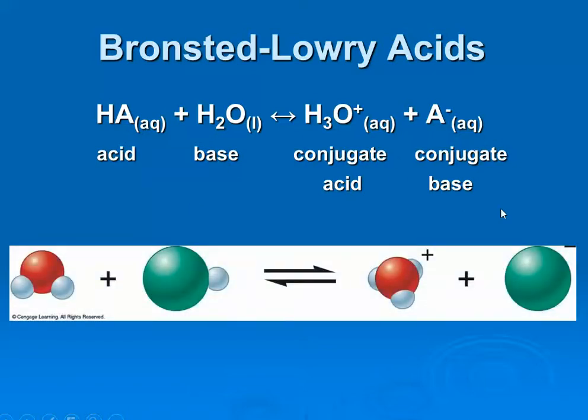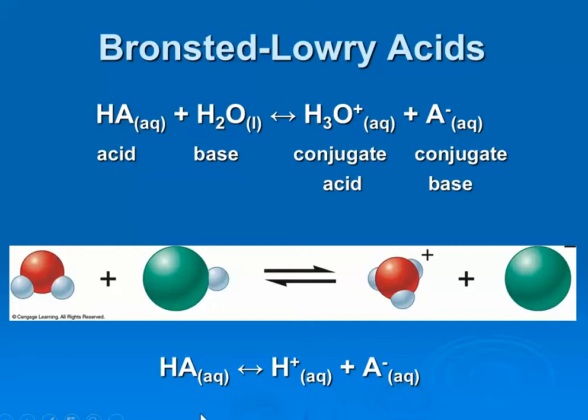Here we've got a molecular diagram of what's going on. Here is our HA. Here's our water, and we notice that this hydrogen ion has left the HA and gone to the H2O to give us our hydronium ion, and then that anion is left all on its own. The bottom thing we see here is a simplified version of the above equation. Notice what they've done.